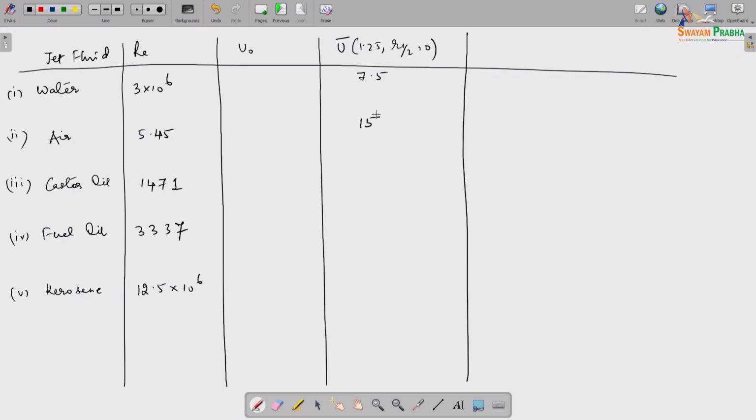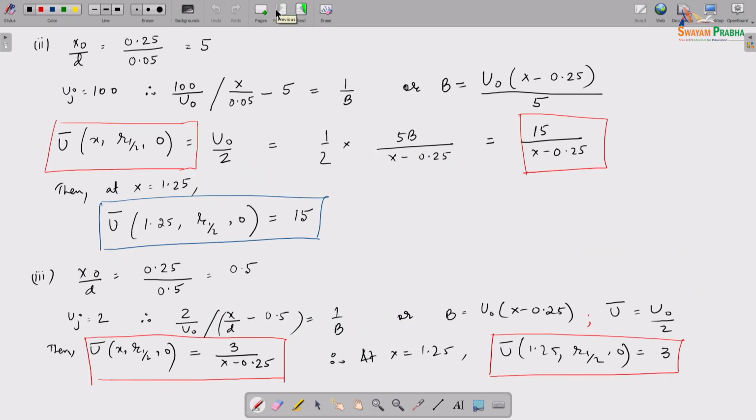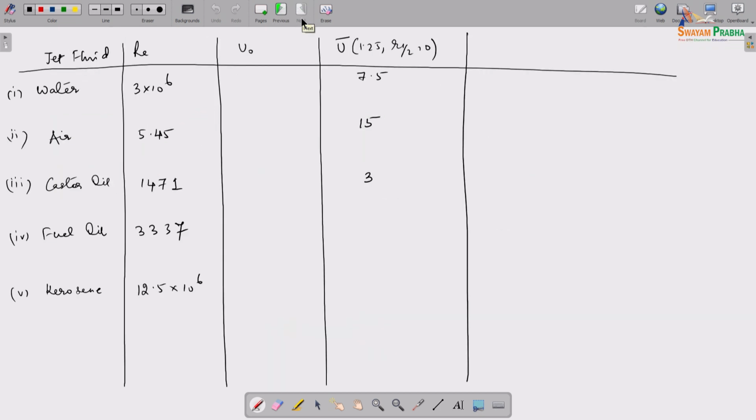Okay, the third one was 3. Well, is it? Yeah, 1.25. Let's go back and see what we got for the third one. Yeah, the third one is 3 actually. Then the fourth one, what did we get?